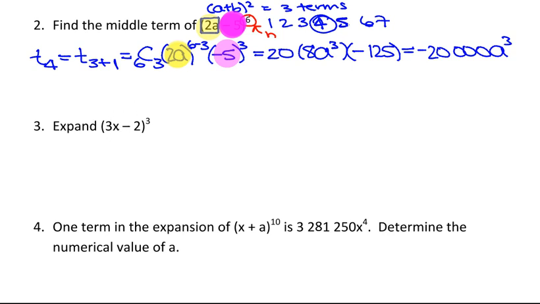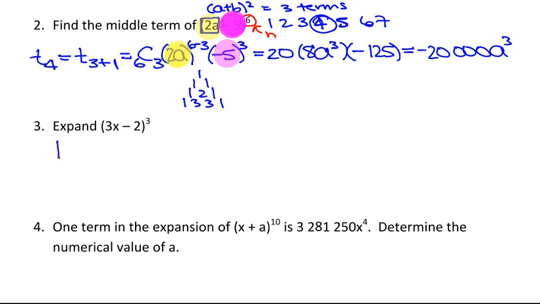So first of all, if my exponent is 3, that means I'm looking at the 4th row in Pascal's triangle. So I'm going to draw a little triangle up here. This would be to the power of 0, right? We would just have 1. Then we have 1, 1, then 1, 2, 1, then 1, 3, 3, 1. So the 1, 3, 3, 1 will give us our coefficients that we can use.